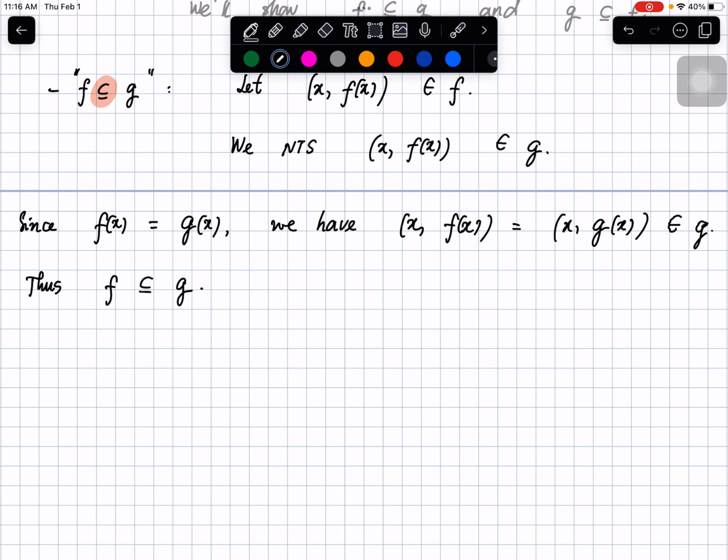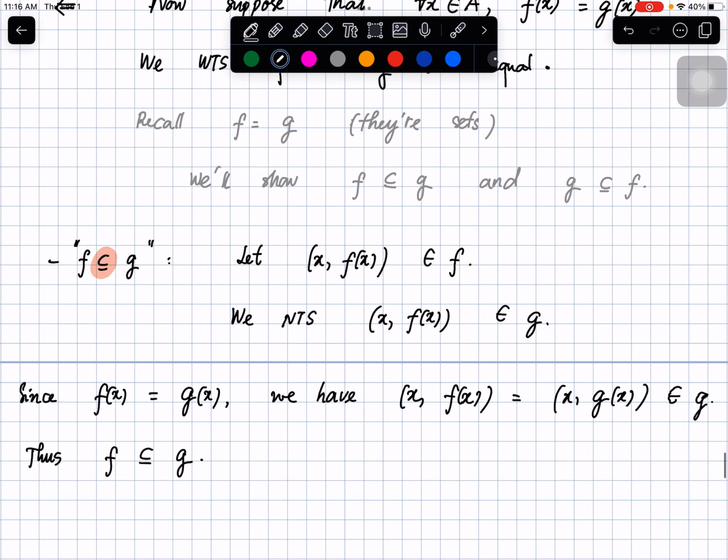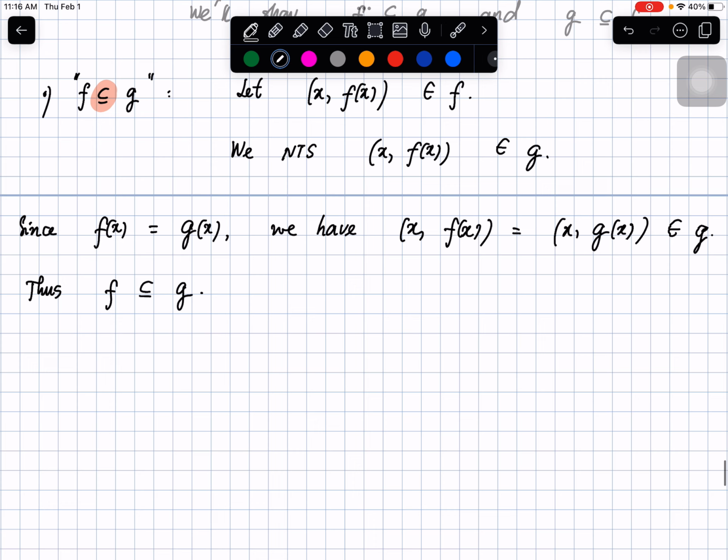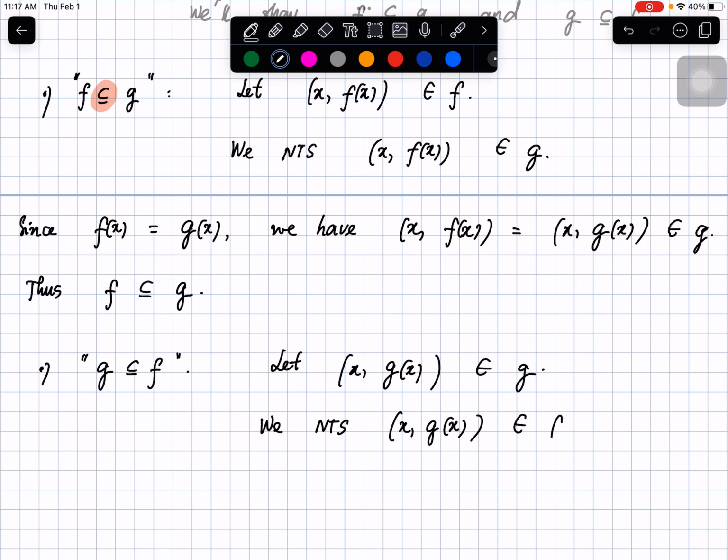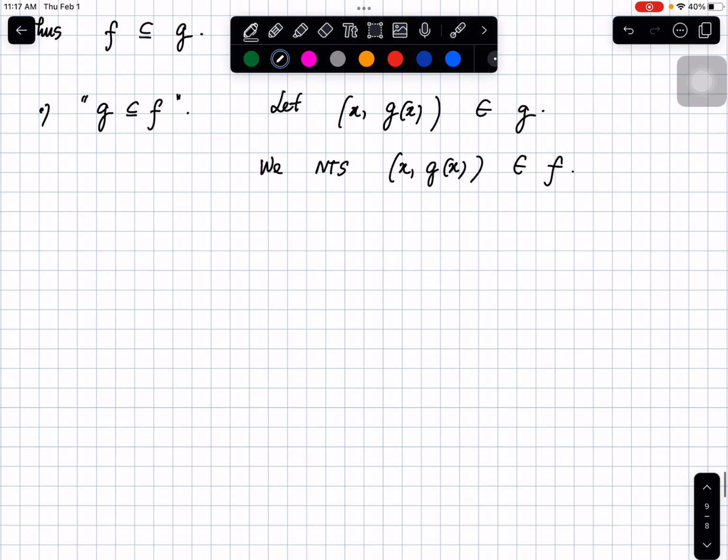Now we show the second part, g is a subset of f. We do exactly the same thing. There are two sets, so let (x, g of x) be an element of g. We need to show (x, g of x) is an element of f. So now you know what to do, right?